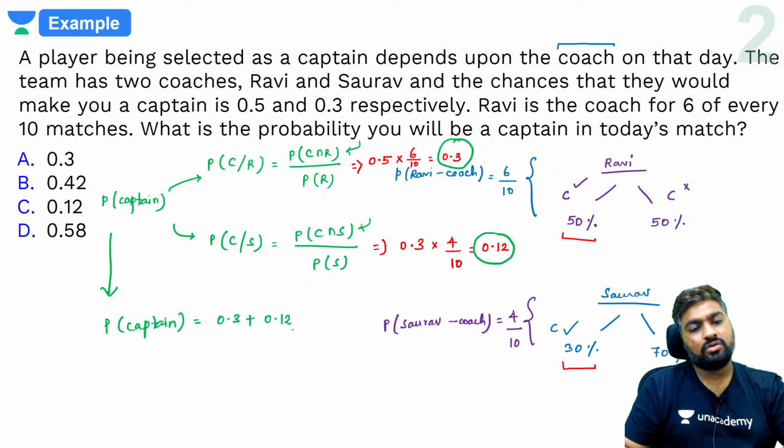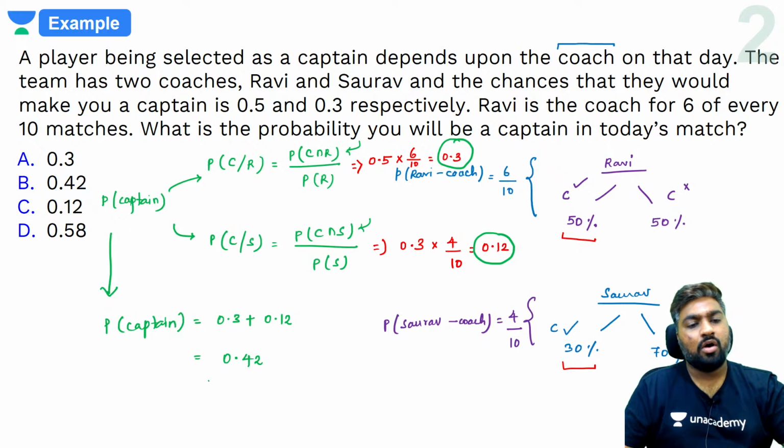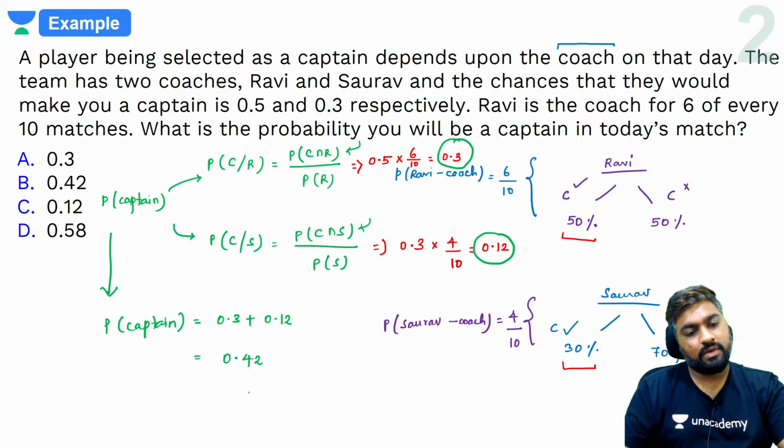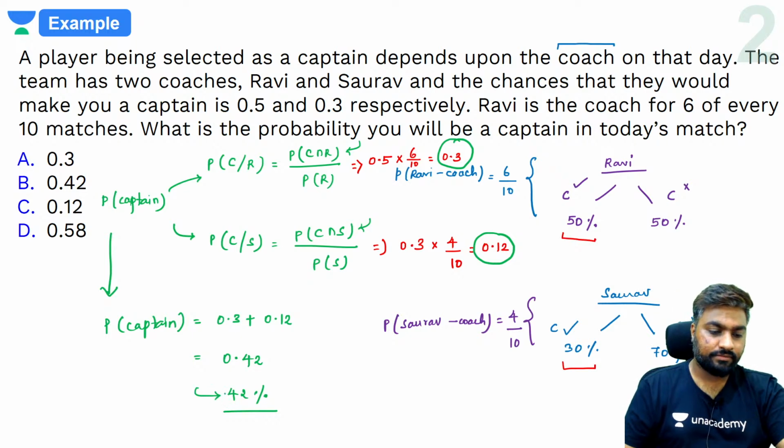When Saurav is the coach, 0.12. So there is a 0.42 or 42% chance that I could be a captain. Understood? मेरे पास क्या है? 42% chances है मेरे को कैप्टन बनने का. I hope this is clear.